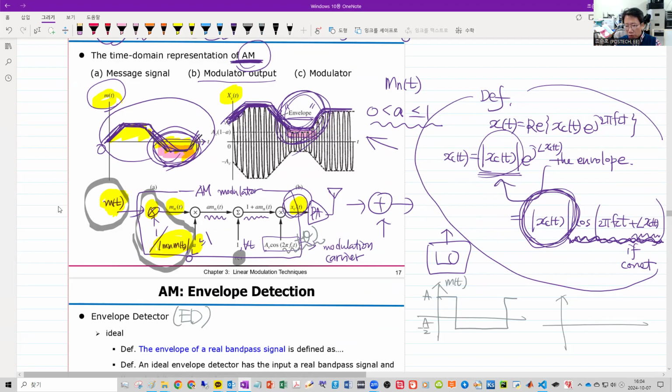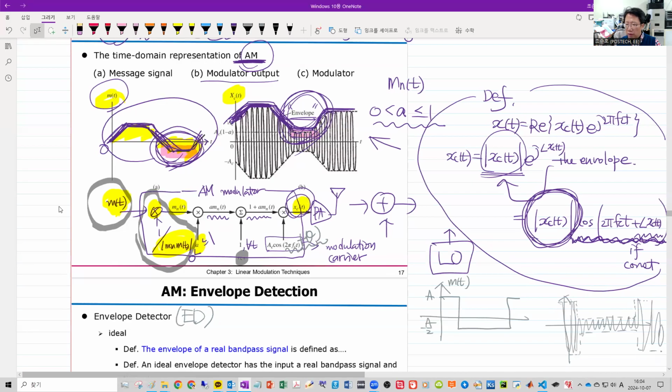Then you will see something like, so the envelope follows this message signal, and you have some oscillation within this envelope, okay?